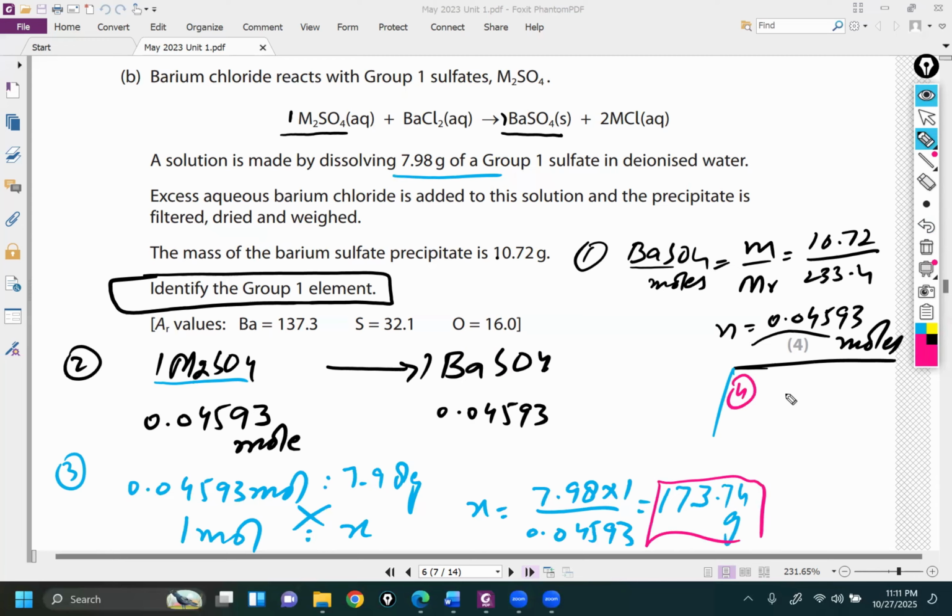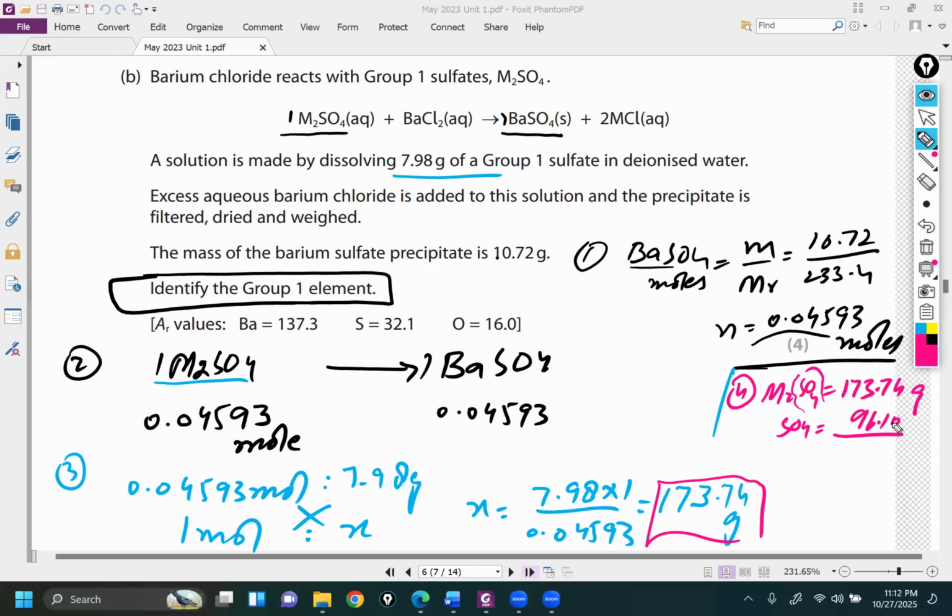Now the M2SO4 mass is 173.74 gram. Now we know the SO4 mass. The mass of the SO4 is, this is 32 and this is 64. Yes. So all combined together, we get 96.1.